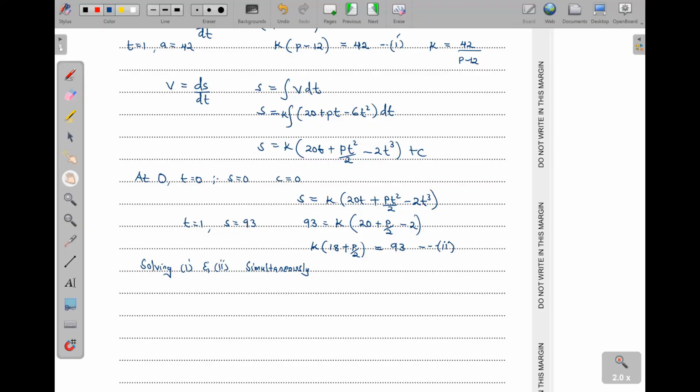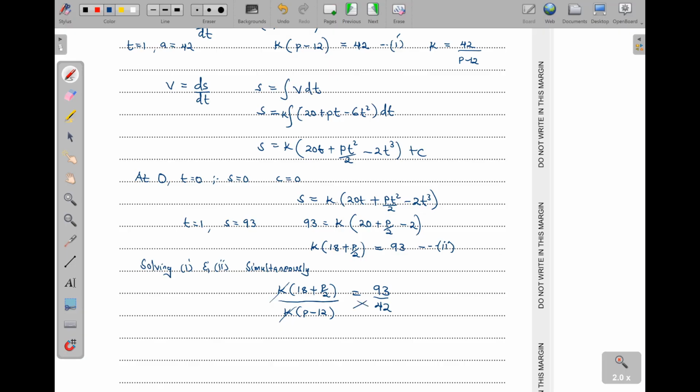What we are going to have, I can just divide them such that k disappears. So I can have k into (18 plus p over 2), then divide by k into (p minus 12). Then this one is 93, but this one is 42. So k can go, and then we cross multiply.